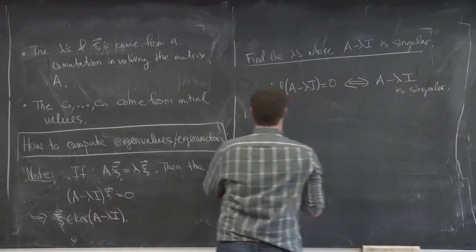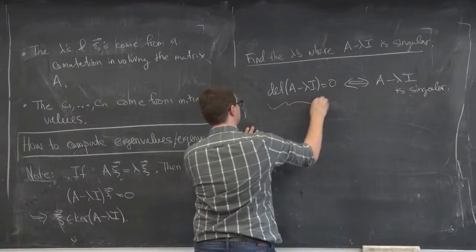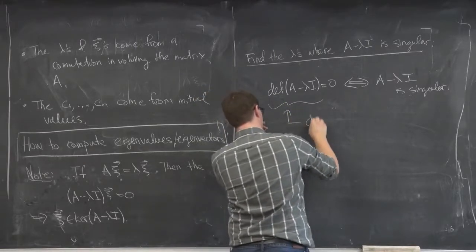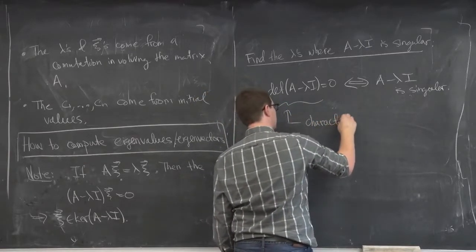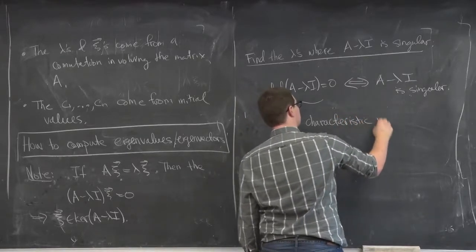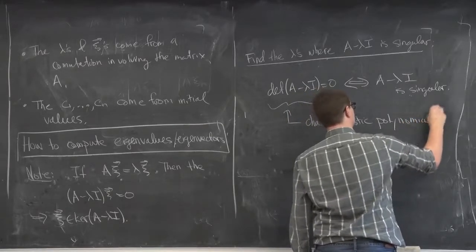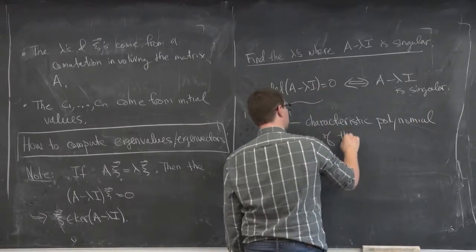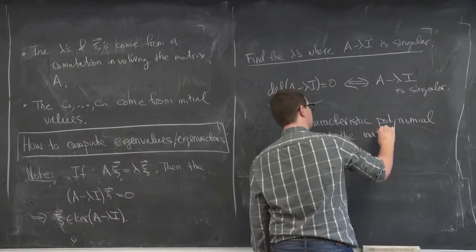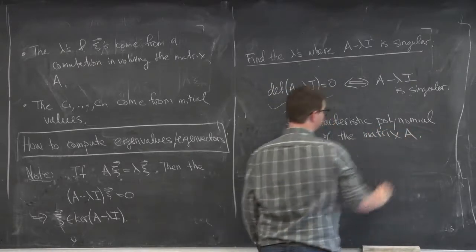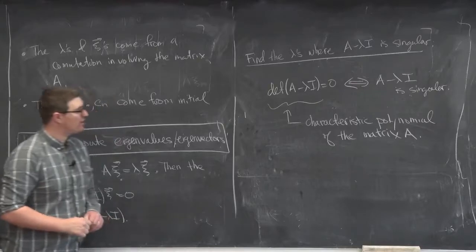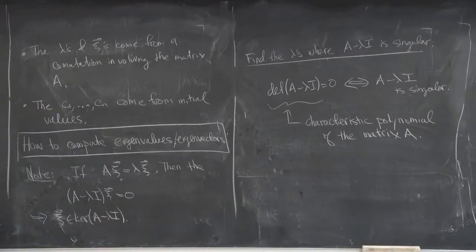This gives you a polynomial, the characteristic polynomial of the matrix A. So we can actually solve for the roots of that. At this point, they could be complex roots.